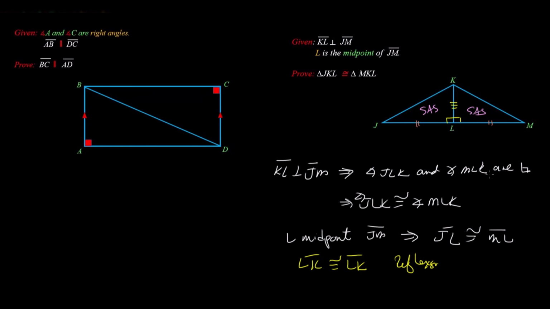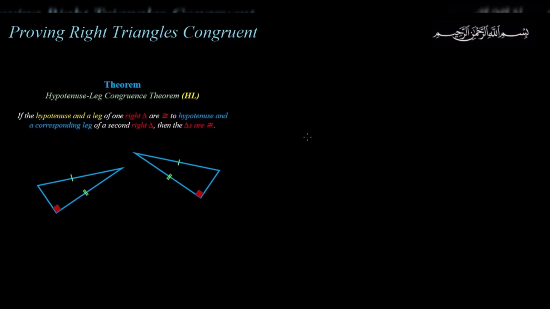That's easy peasy. Okay, so let's review what we talked about today before we finish. Today we talked about proving right triangles congruent. And I suggested there's only one new theorem here, because you can still use side, side, side, side, angle, side, angle, side, angle, and angle, angle, side.